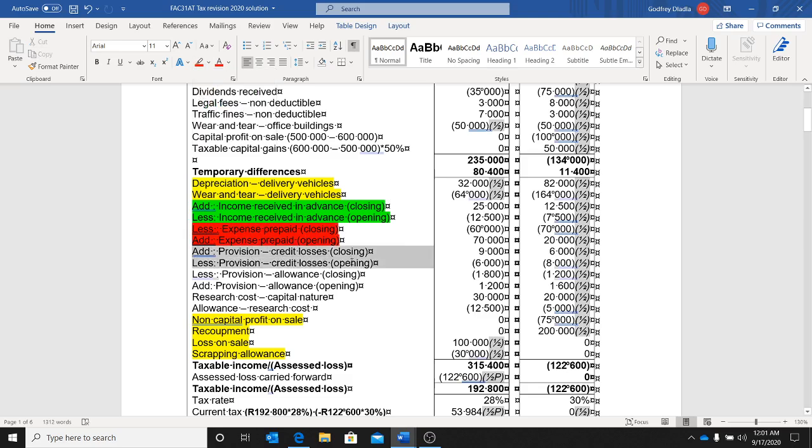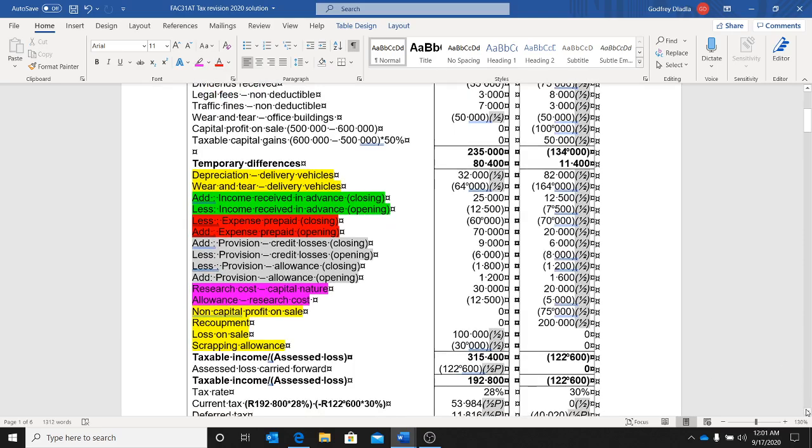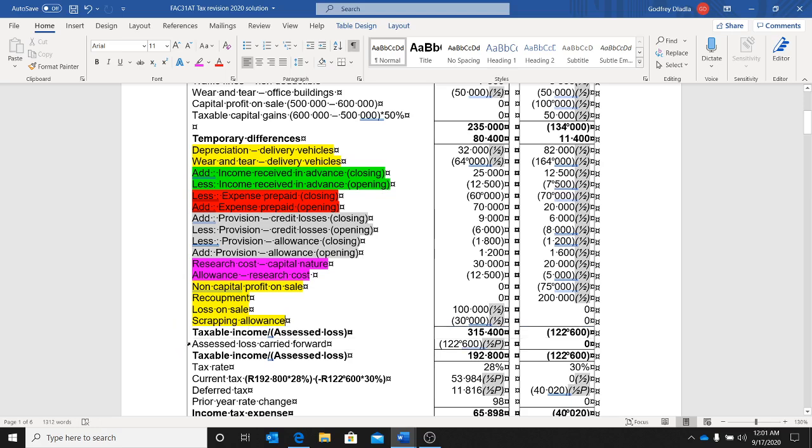And then on this provision, we put another color. On research, we put another color. If I put a blue, I can't see. Okay, let's put this one. And then we've got this assessed loss, and let's put another color on that one.